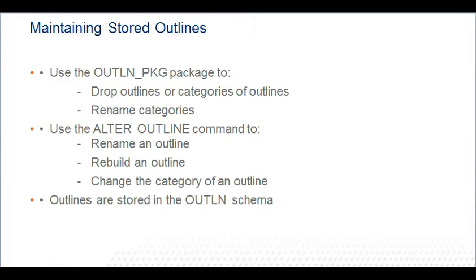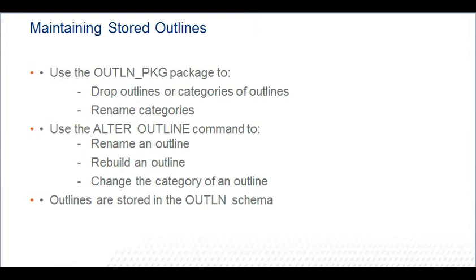It will drop outlines assigned to a specific category name. Update_by_cat reassigns outlines from one category to another. Outlines can also be managed with the alter or drop outline command. Plans may be exported and imported by exporting the outln schema, where all outlines are stored.